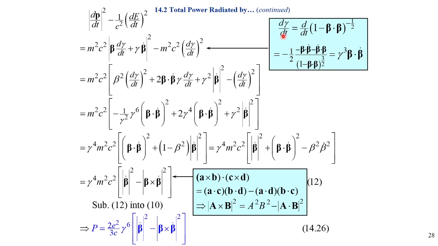So after differentiating, it gives us minus 1 over 2, and 1 minus beta dot beta to the power 3 over 2, times minus 2 beta dot. The 2s cancel. So eventually we have gamma cubed, minus minus, so it's plus beta dot. So the d gamma dt is replaced with gamma cubed beta dot beta.